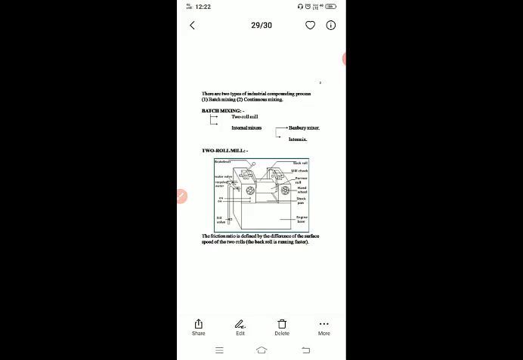Okay. Now we shall see there are two types of industrial compounding process. One is batch mixing and another is continuous mixing.